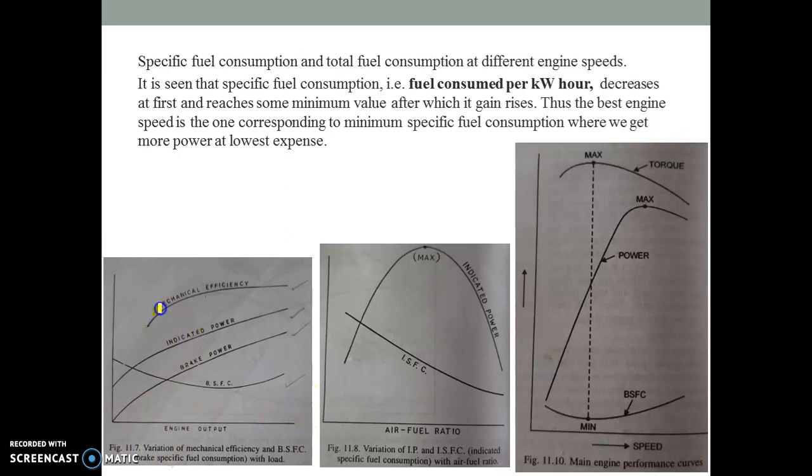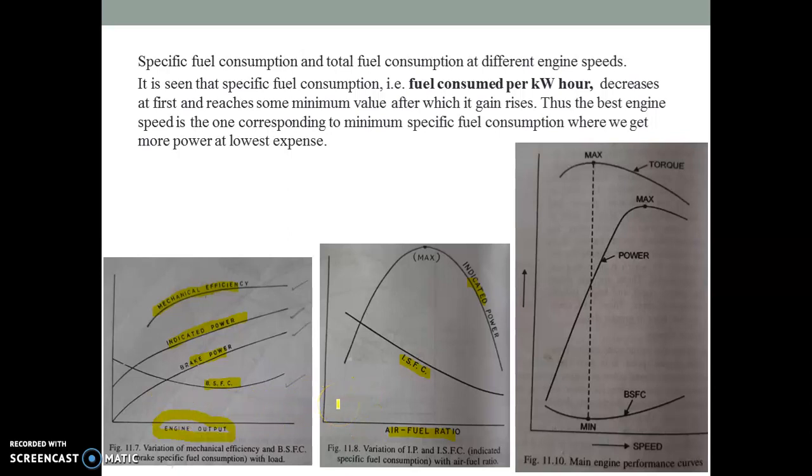The change or variation in mechanical efficiency, indicated power, brake power and brake specific fuel consumption with respect to engine output is mentioned. And in this graph the indicated power and indicated specific fuel consumption, that is ISFC, with respect to air-fuel ratio are shown in these two graphs.